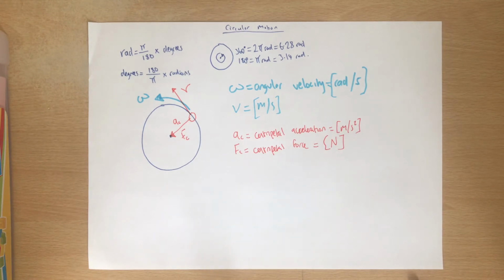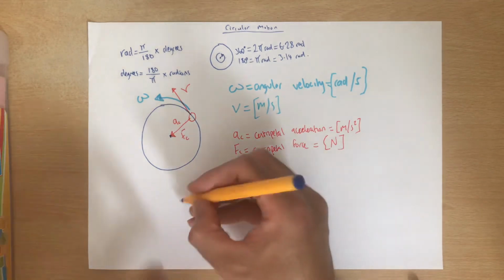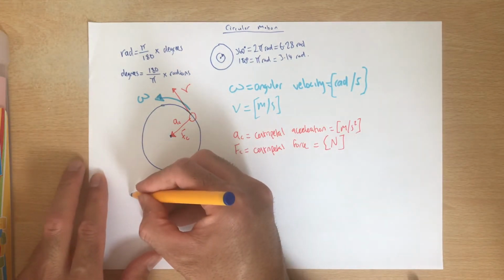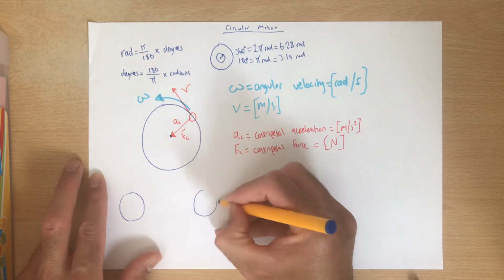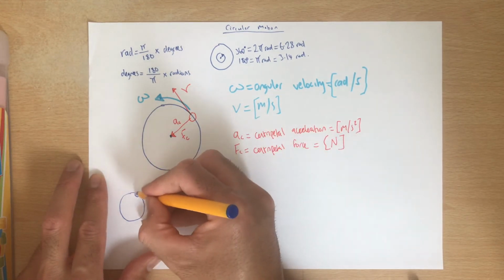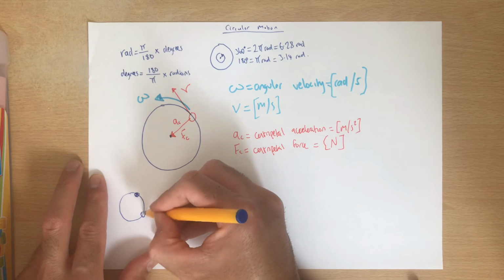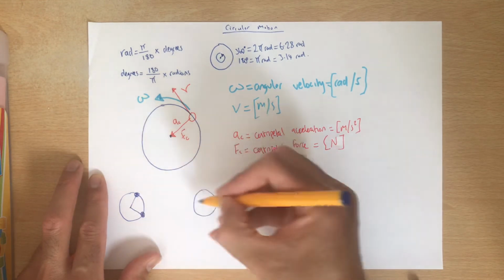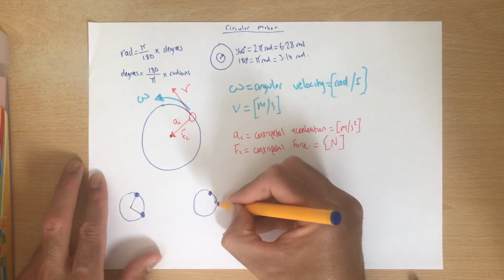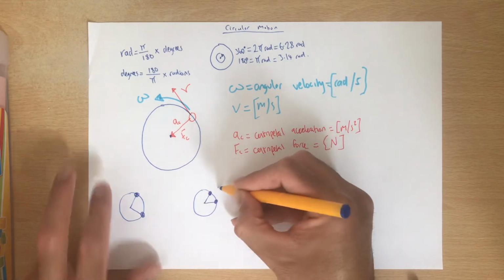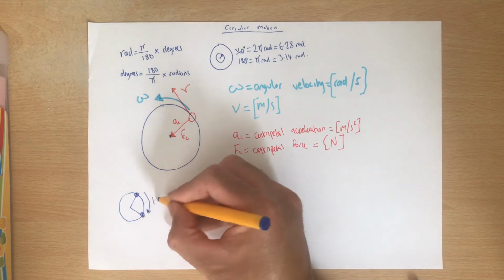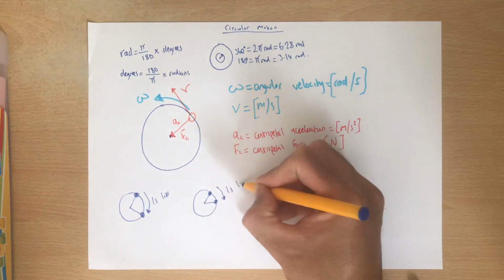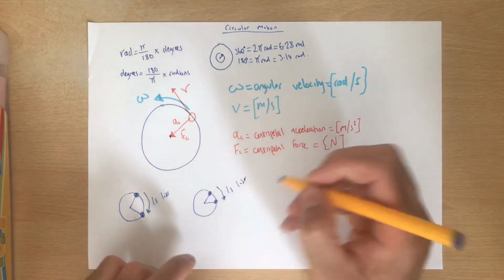Another thing, people get very confused with angular velocity. So I'm just going to highlight over here that if you have two objects moving in a circle, and object one is over here, and a second later it ends up over here, but object 2 only ends up over here a second later, which one has a greater angular velocity?